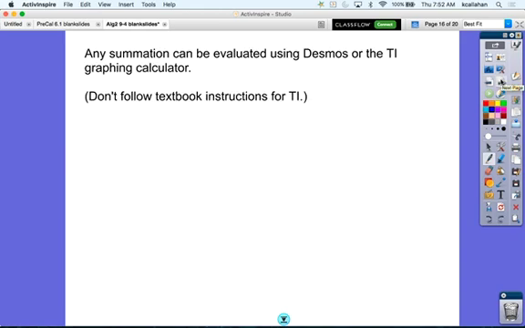So, in fact, you can do this in the TI calculator or using Desmos. But I would be careful that if you're going to use it, do the TI instructions. The textbook instructions are not what you want to do because it looks like it's based on an old operating system.